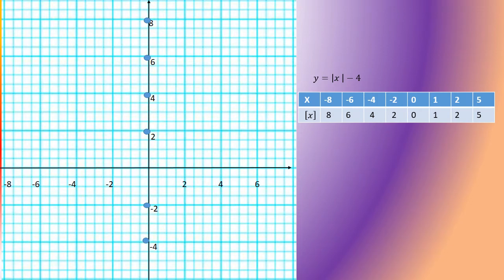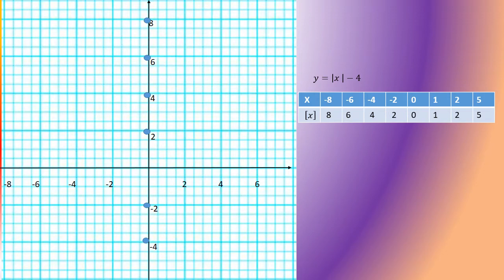The x coordinates are minus 8, minus 6, minus 4, minus 2, 0, 1, 2 and 5. Now I explained before what the modulus sign means.